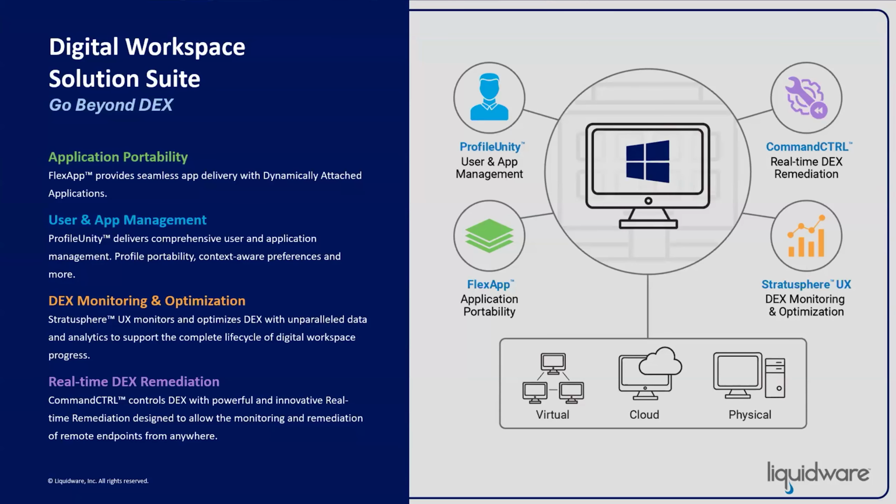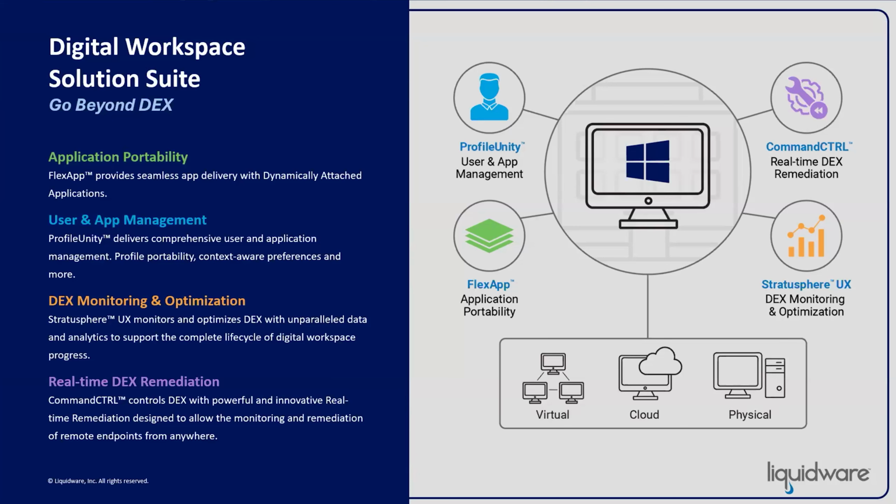So it's getting away from that layered solution and delivering the apps when you need them. Then, along with Profile Unity, you have our user and application management. You can deliver apps with context-aware preferences and more, and basically control how your desktop is.